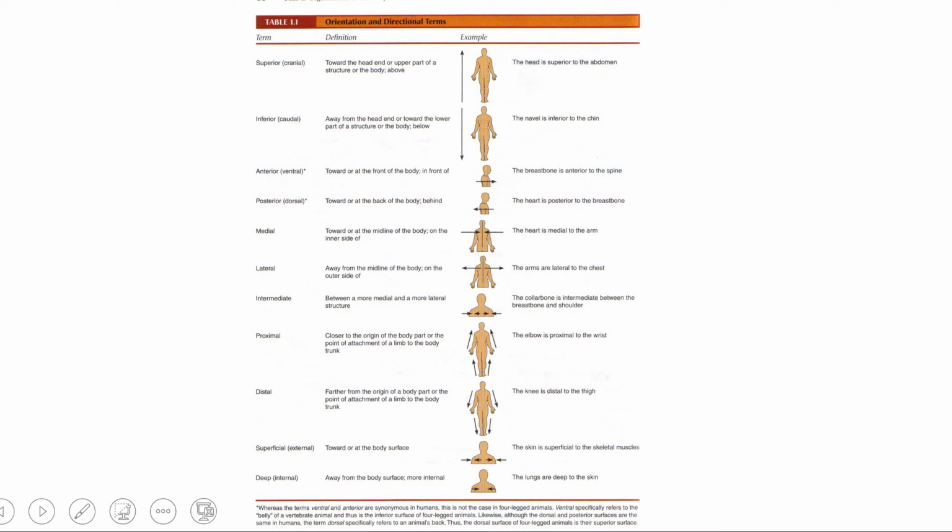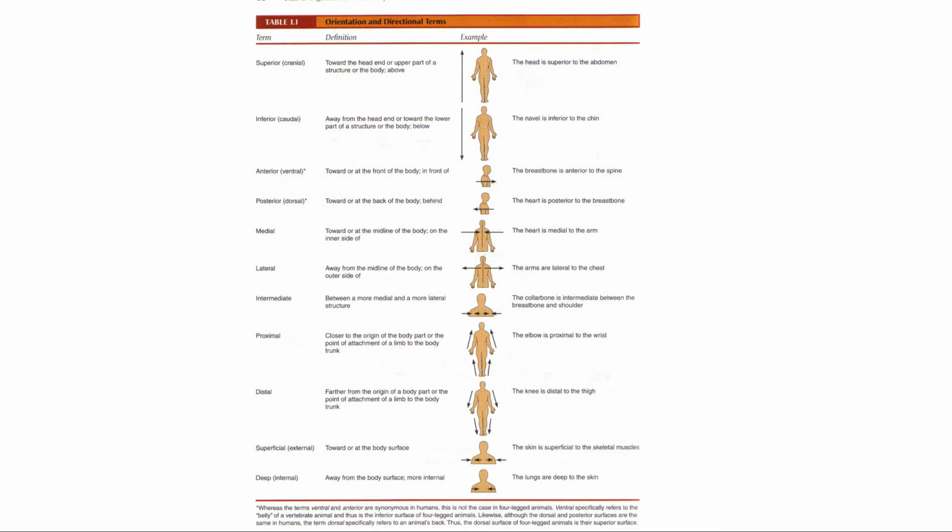First of all, visualize a person standing in front of you with their palms facing you. That is considered anatomical position. You're seeing a silhouette of it on this picture. We should see some more details of it later. But that's the first step, is always reference a person in that position.